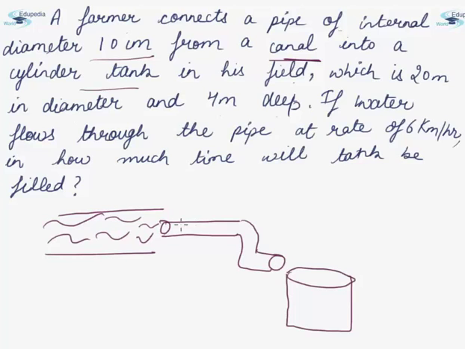Now this pipe has diameter 10 centimeters, that is, radius will be 5 centimeters, whereas this cylindrical tank, which is 4 meters deep, has diameter 20 meters, that is, radius is 10 meters.